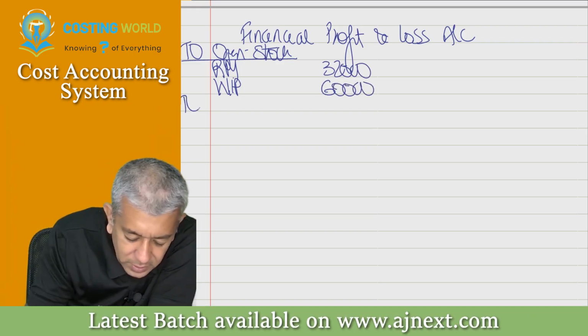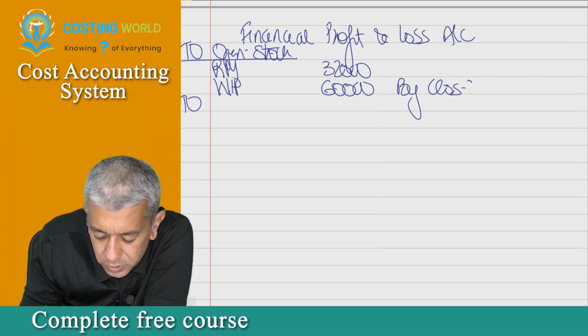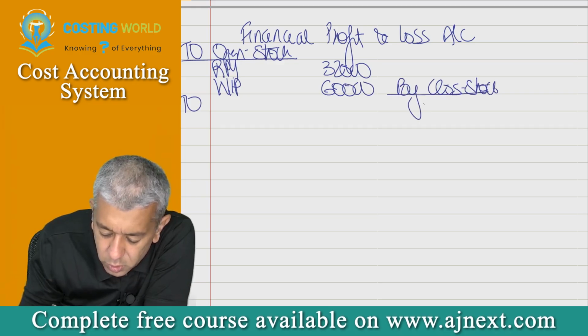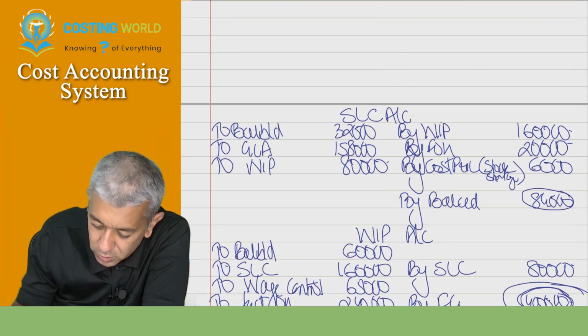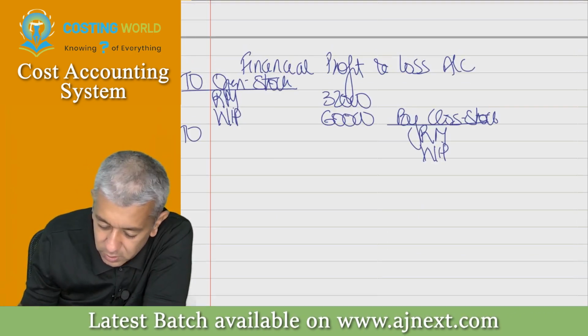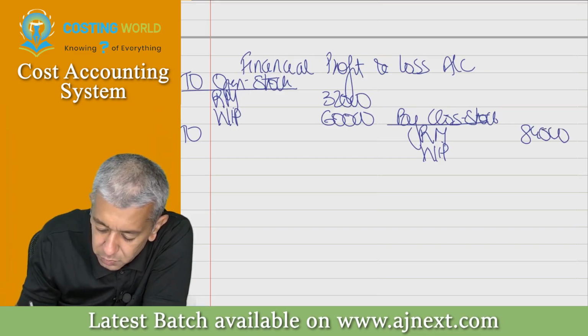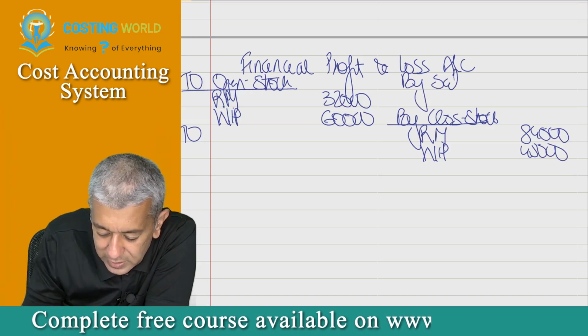Okay, listen. Similarly, in this particular case, there will be closing stocks here, obviously of raw material and WIP. Raw material closing stock, we have found out 84,000 and 45,000. Now, on the credit side, obviously we should be writing sales over here.